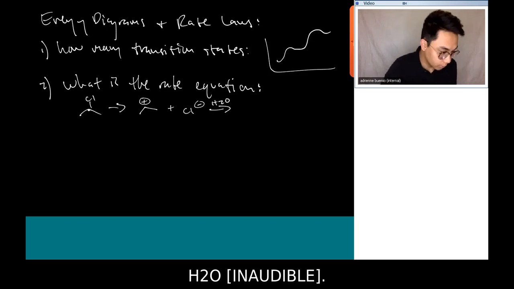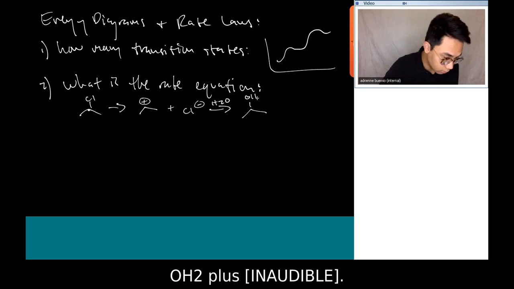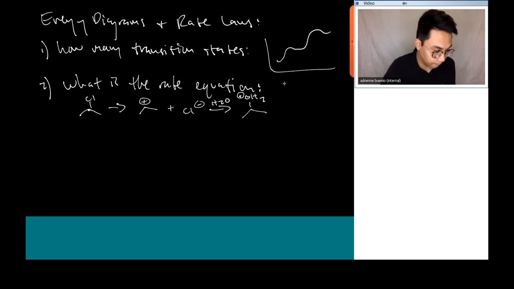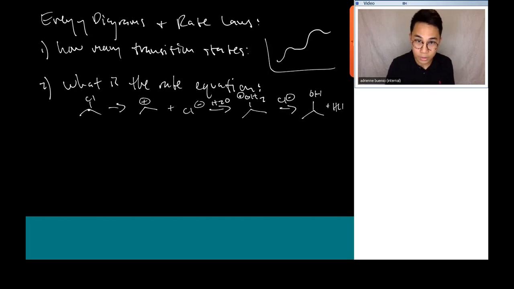H2O, I'm going to need room. OH2 plus there. Okay, I think, okay. OH plus HCl. So what is the rate equation, right?